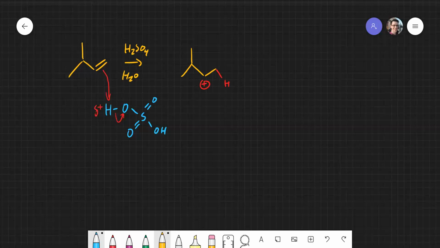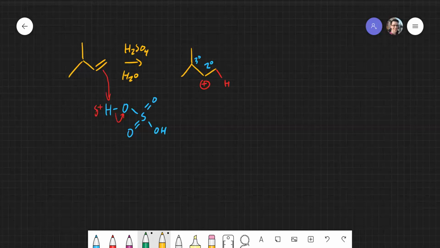This problem is a little bit trickier than you might expect because we have a carbocation, a secondary carbocation, I'm going to label that, next to a tertiary carbon. Anytime you have a carbocation next to a similarly substituted or more substituted carbon, what's possible?